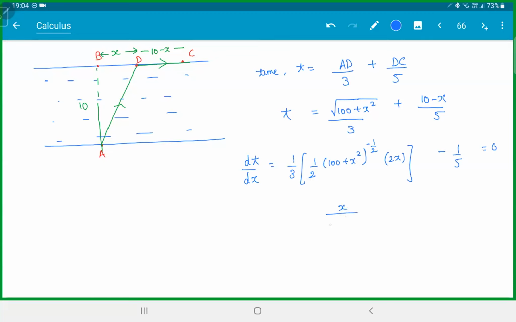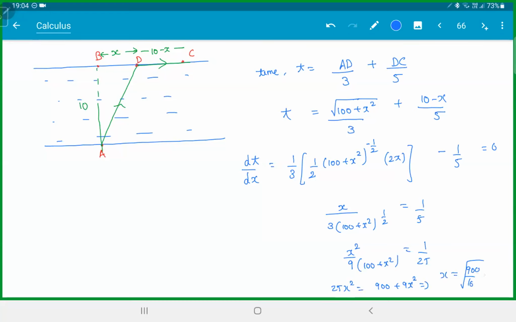This will be x by 3 into 100 plus x square power half is 1 by 5. Square on both sides, x square by 9 into 100 plus x square is 1 by 25. 25x square is 900 plus 9x square. X square is 900 by 16, X is 30 by 4, 7.5 kilometers.